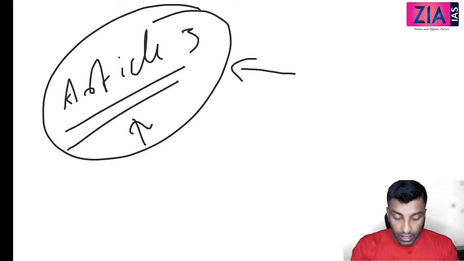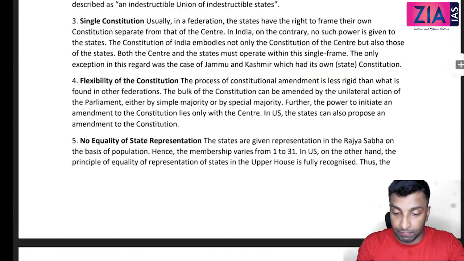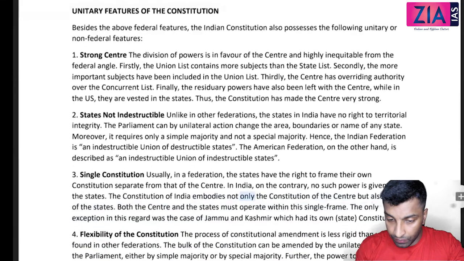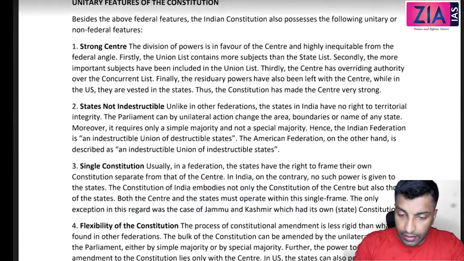So even the state do not have claim on their own boundary or their own name. That shows the strong center or strong unitary bias. Okay, here different thing is written, but you can write here Article 3.